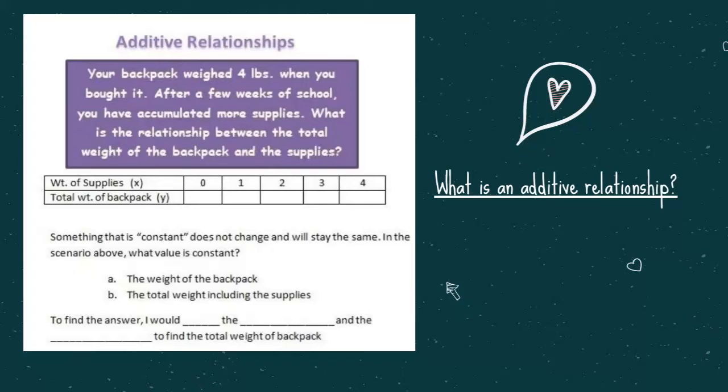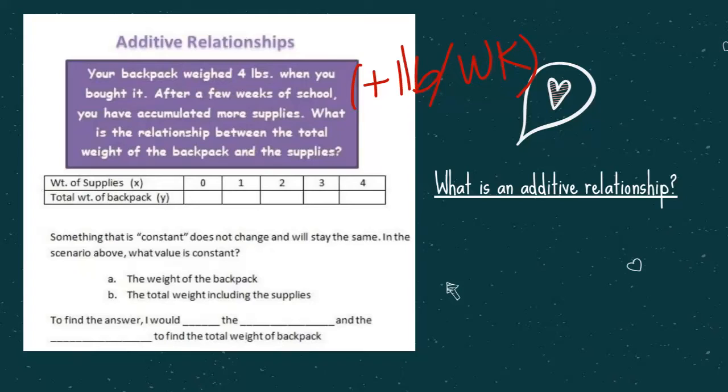So I'm noticing right off the bat that they didn't tell me how much it increased by each week. So I'm just going to say it's going to increase by 1 pound each week, just to help us out. So when I go down here and I'm trying to fill in my table, I have X, which is the weight of supplies, and Y, which is the total weight of the backpack.